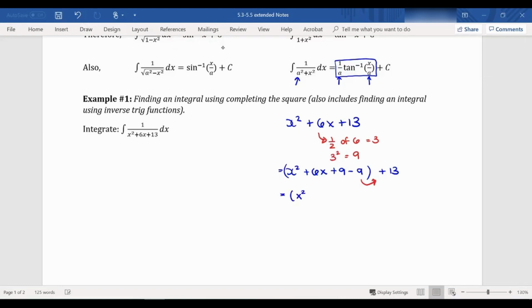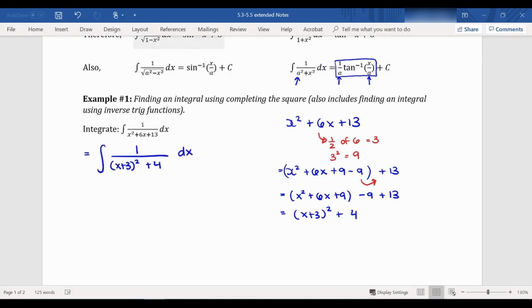So this is going to give me x squared plus 6x plus 9 minus 9 plus 13. And then I can factor the stuff in the brackets to get x plus 3 squared and then plus 4. So what that means is I can rewrite this as 1 over x plus 3 squared plus 4 dx.